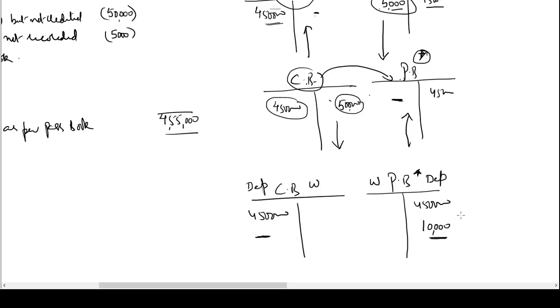So what will be the impact? We started with a credit balance, another credit, so the balance is bound to increase, whereas there is no corresponding debit here. So the balance is going to be relatively lower. Now what should we do to the cash book so that it becomes equal to the passbook? The answer is we have to increase the cash book balance by 10,000 so that it becomes equal to the passbook balance.